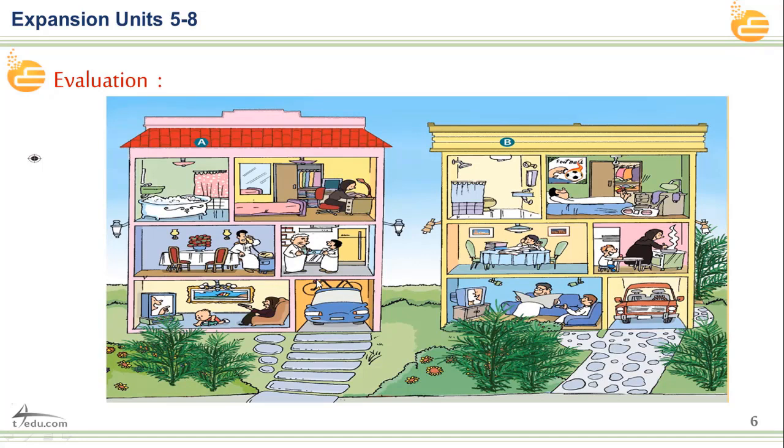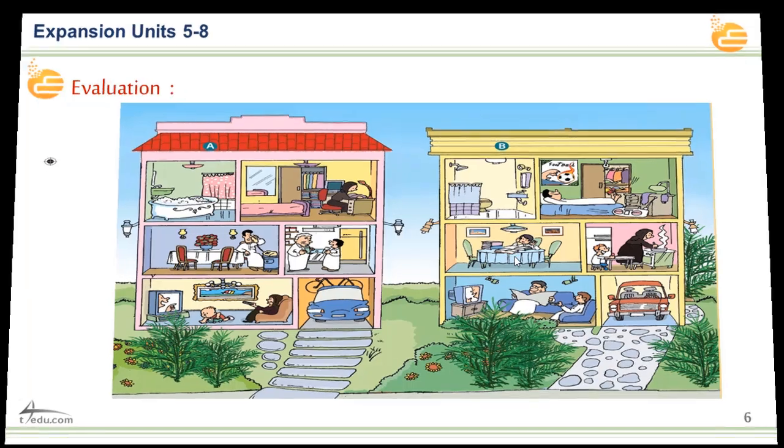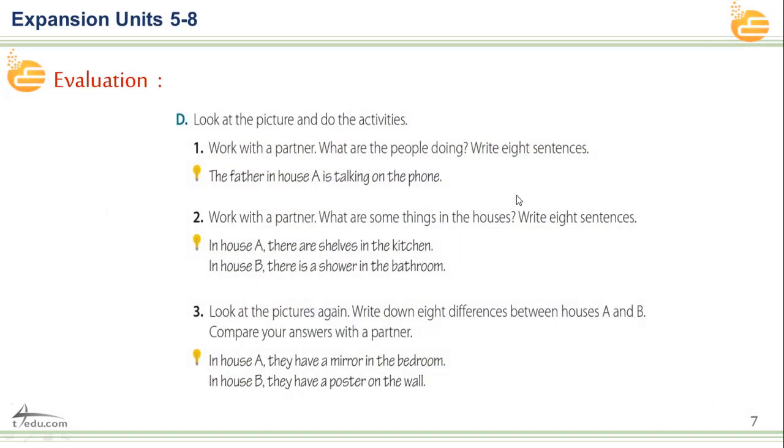You see this man. Okay, the father here. What is he doing? He is doing some activities and writing. Sometimes he is writing. He is on the desk in the office and he writes something. Okay, write 8 sentences about these pictures in order to make full sentences.